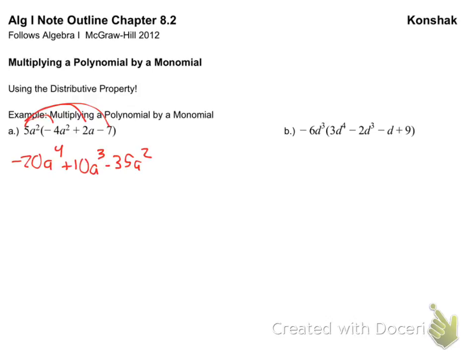Right away you can look at that and say, yep. Did you get coefficients of negative 20, 10, and negative 35? If you put it in a special order called standard form, it makes it a lot easier for us to check it amongst each other and against the book.